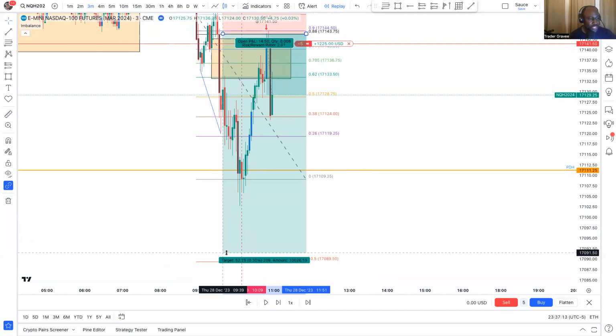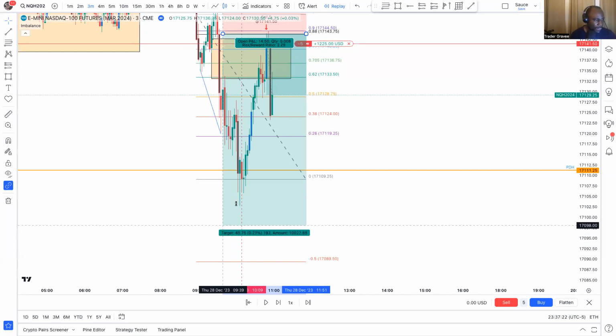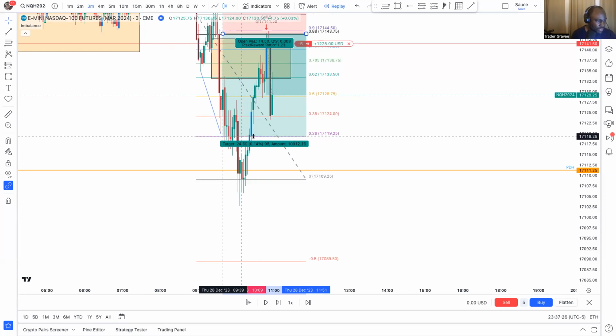So since we're already up, and this is the second one on this leg, see this fair value gap in here? I'm going to target that. It can go all the way down there, but we don't need it. We're already up 2.5%, guys. So don't be greedy.